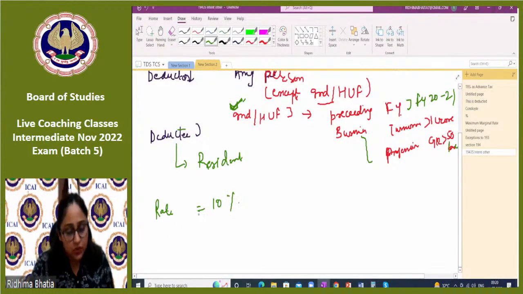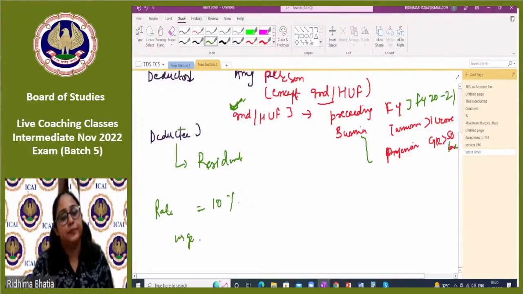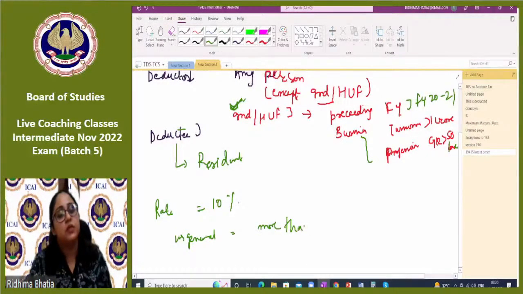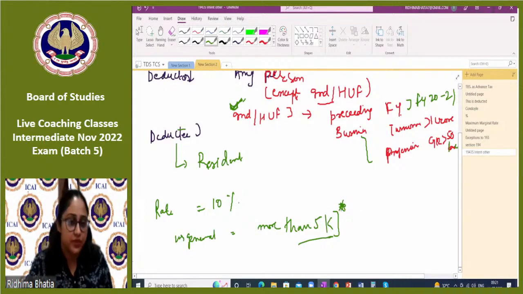Ma'am, what is the threshold limit? The threshold limit in general is 5,000. The moment it crosses 5,000, the TDS has to be deducted on such interest. I mark this asterisk or a star, which you can see. We'll discuss this limit.